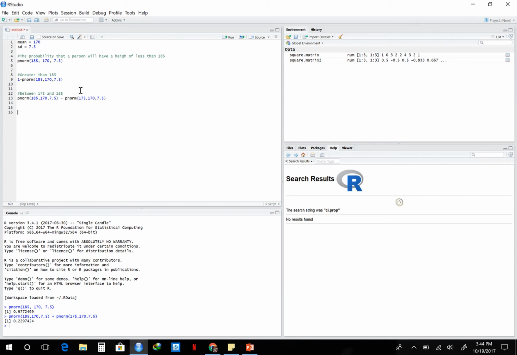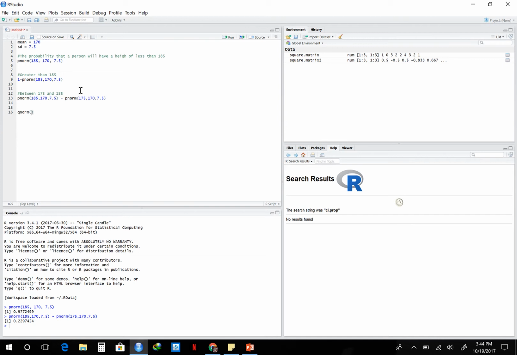If the question was, for instance, what is the IQ representing the 16th percentile? If it asks something about the percentile, then we're going to use the q-norm function. The q-norm is really similar to the p-norm, except for the first parameter, we're going to use the percentile. So if it asked for the 16th percentile, we would put 0.16.